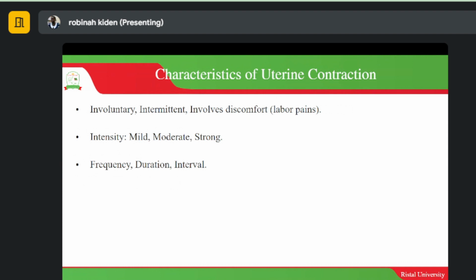It can happen, it cools down, then it happens again. That is what we will refer to as intermittent. Intensity can be from mild, moderate to strong. Frequency, we consider the duration at which the mother rests before another contraction starts.